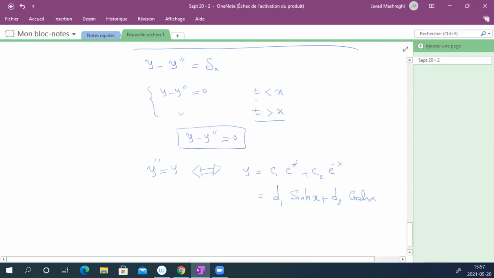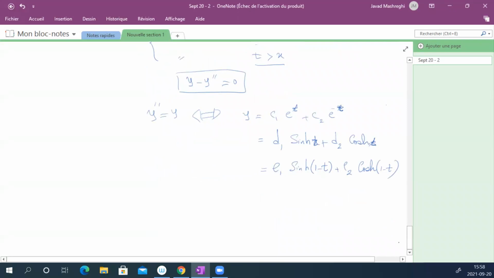And please let me change x to t, because the equation was in terms of t indeed. And also I can write e1 sine hyperbolic 1 minus t plus e2 cosine hyperbolic 1 minus t. That is also acceptable, because first of all, sine hyperbolic 1 minus t and cosine hyperbolic 1 minus t, both of them are solutions of the equation, and they are independent.